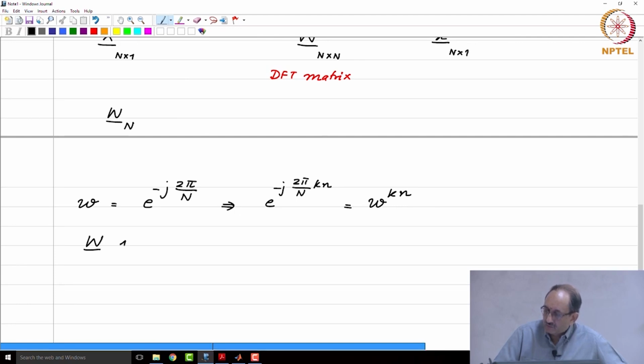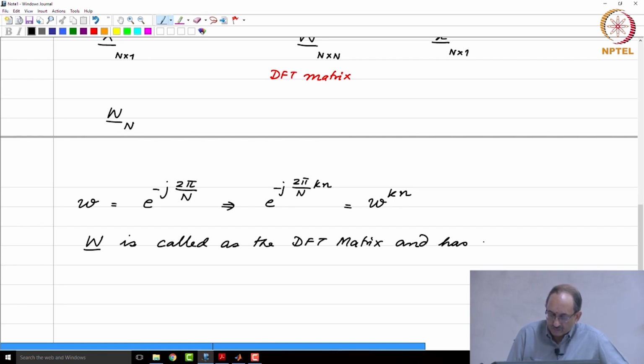So, W is called the DFT matrix and has rank n, and therefore invertible.